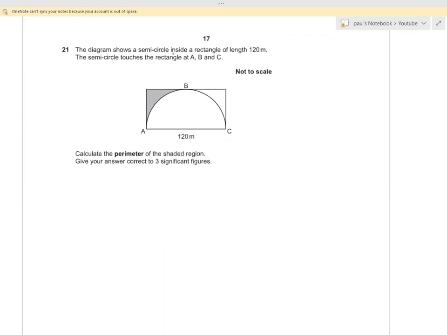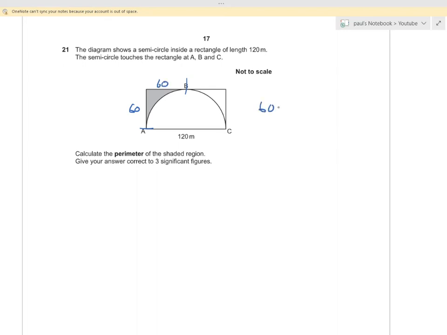Here's a diagram of a semicircle inside a rectangle. Calculate the perimeter of the shaded region. So this is going to be half of that and half of that, right? If this is 120 there, so the height must be 60. And if this is 120 all the way over there, that must be 60 as well.